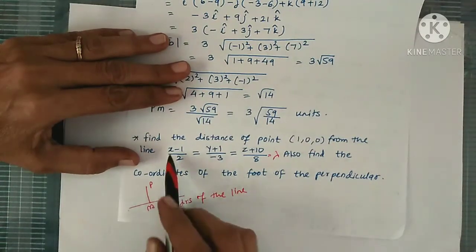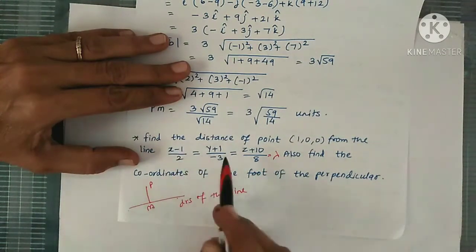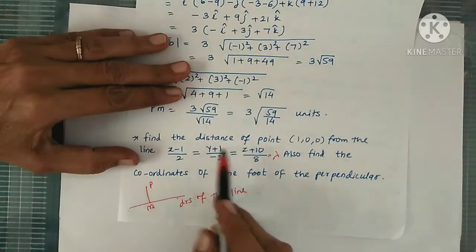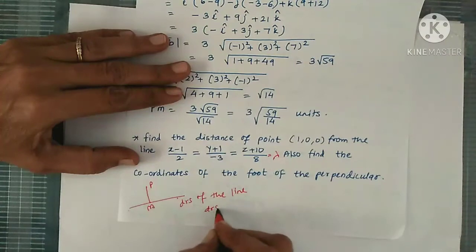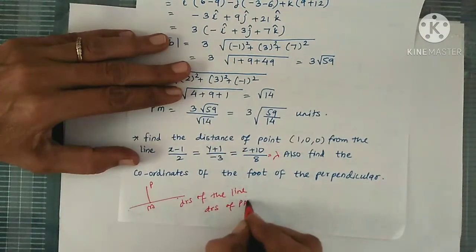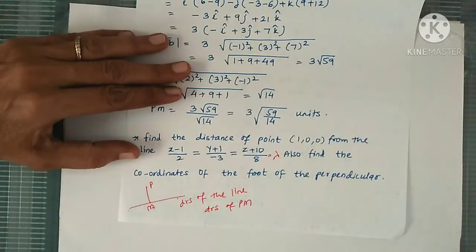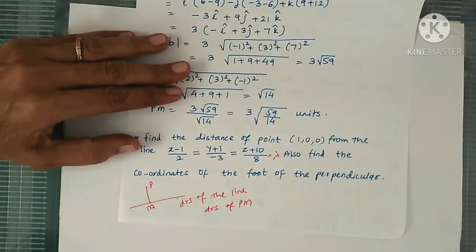So M is: x equal to 2 lambda plus 1, y equal to minus 3 lambda minus 1, z equal to 8 lambda minus 10. Then find the direction ratios of PM and use a1 a2 plus b1 b2 plus c1 c2 equals 0. Find lambda, find M, and then find the distance using the distance formula.